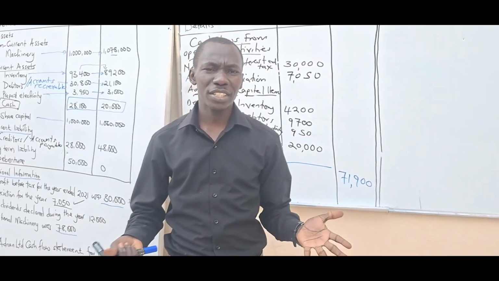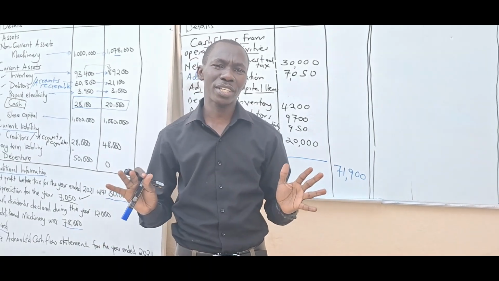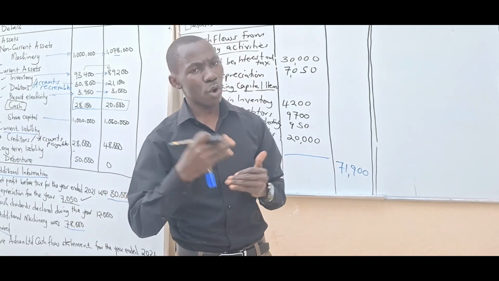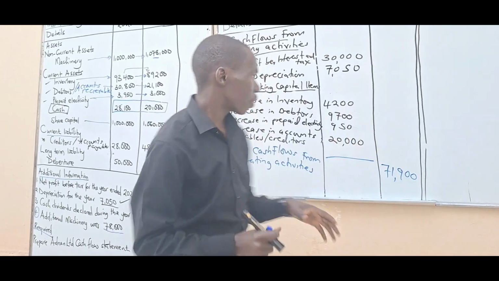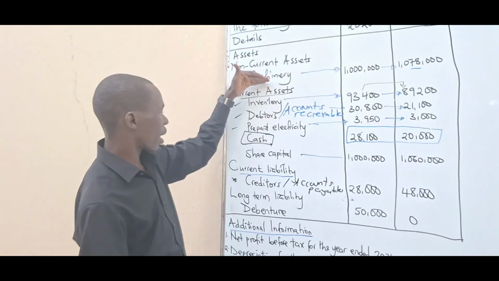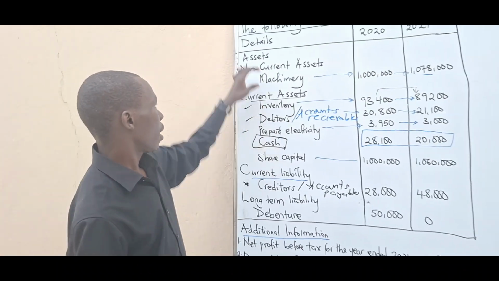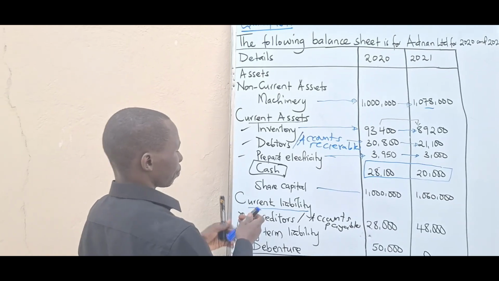You go to the balance sheet and look under the part for non-current assets. Either you are buying or you are selling, you bring the difference and record it there. Look at this asset. Under non-current, remember for current we have already adjusted.